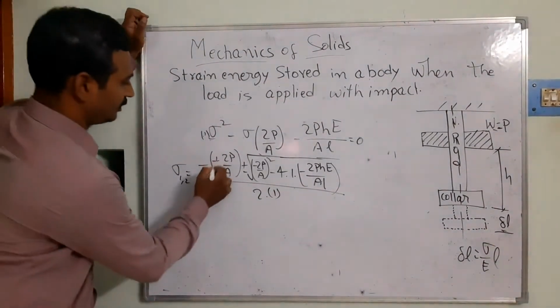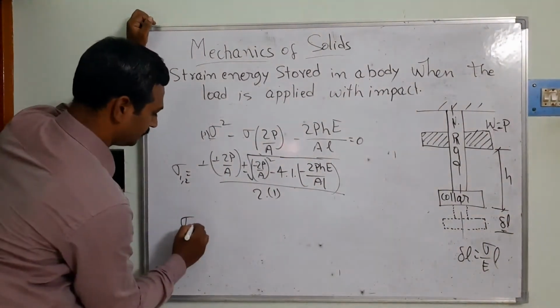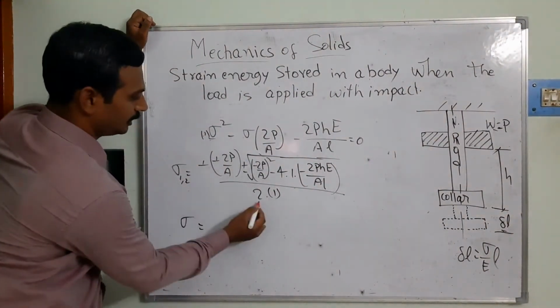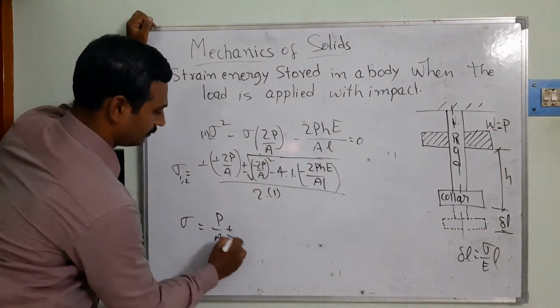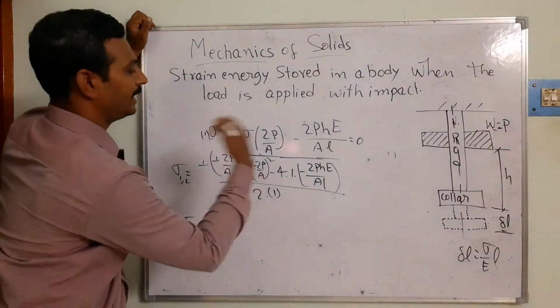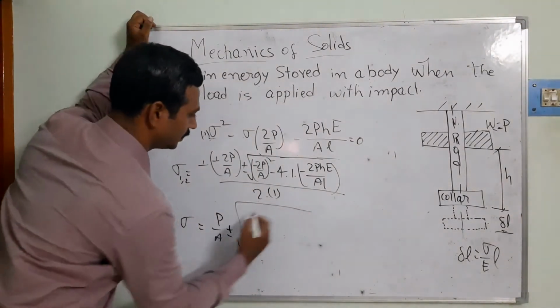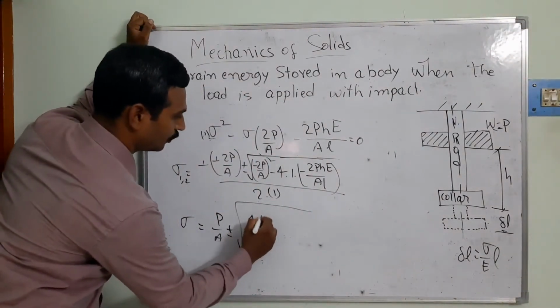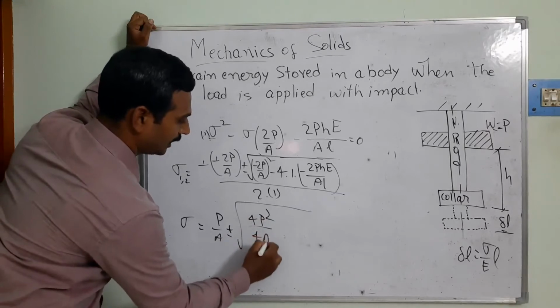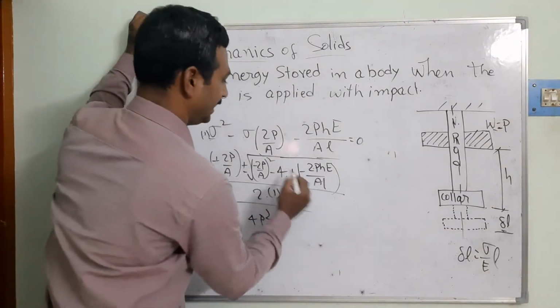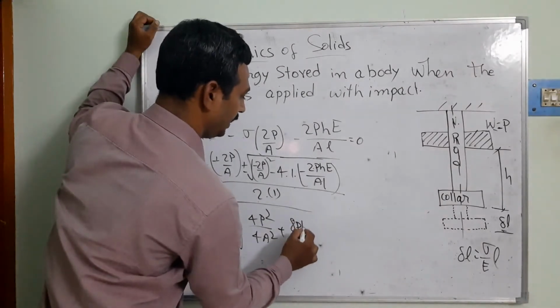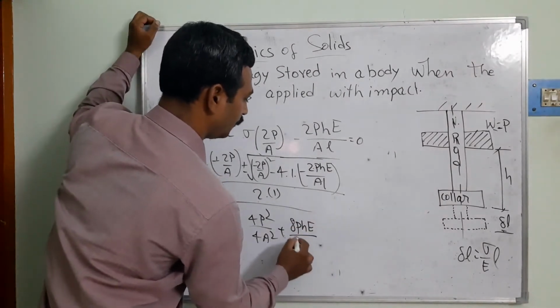So in the further simplification, minus minus is going to be cancelled. That gives sigma is equal to, this 2 I am going to write individually, P by A plus or minus, when the 2 goes into the square root, that's 4P square by 4A square, minus of minus minus becomes positive, plus 8PHE by 4AL.